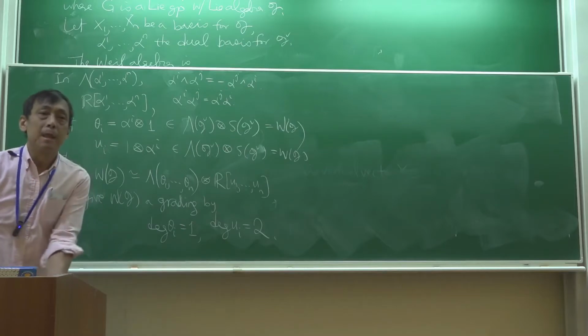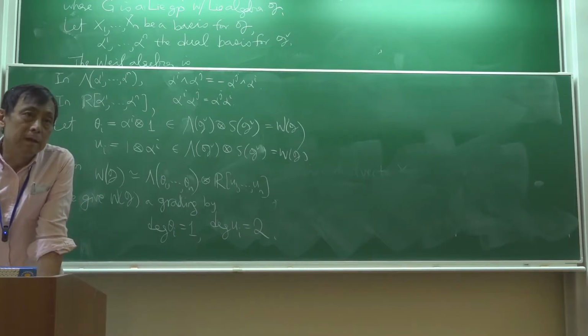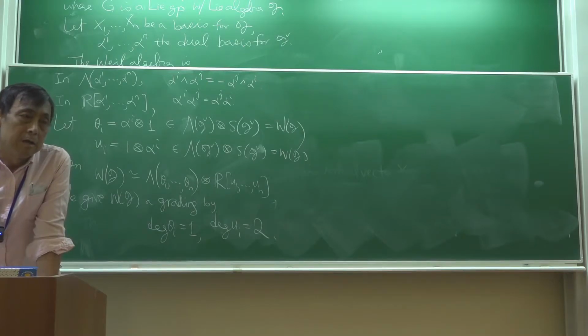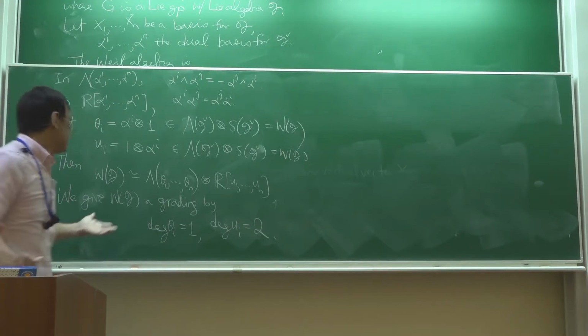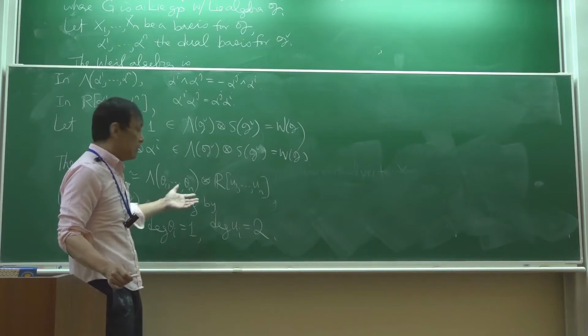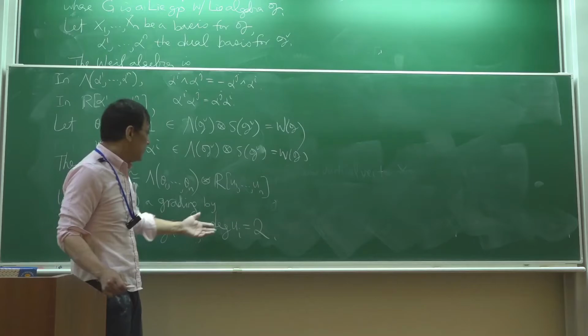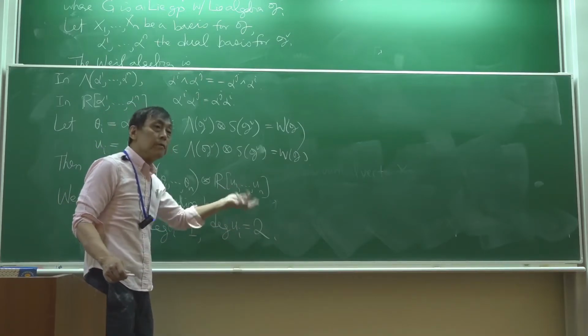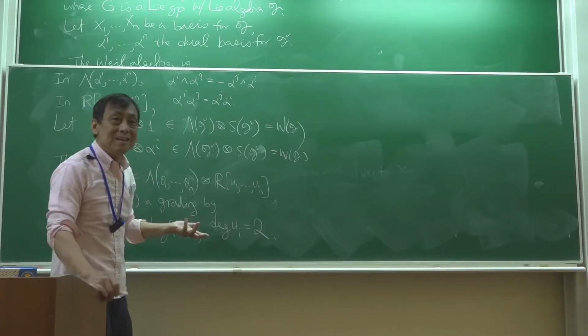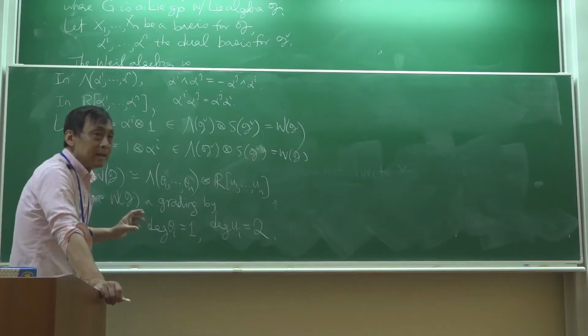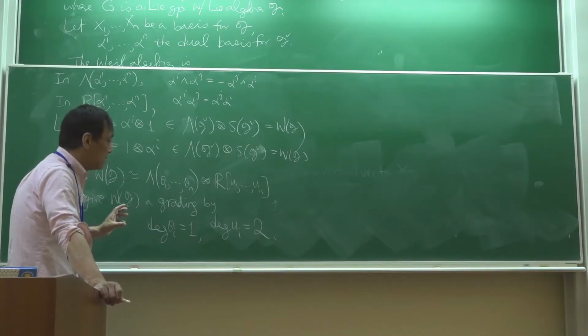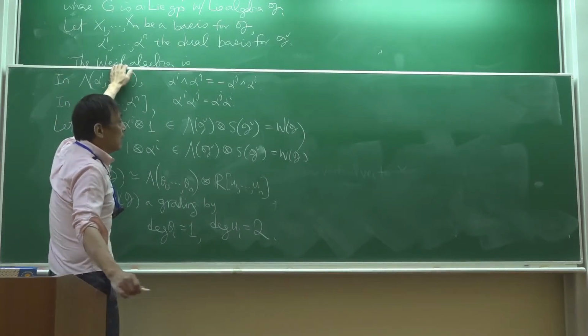And so this way, in fact, you can say that the Weil algebra is the exterior algebra generated by all of these, because the degree of u i is 2, so they will commute in the exterior algebra.